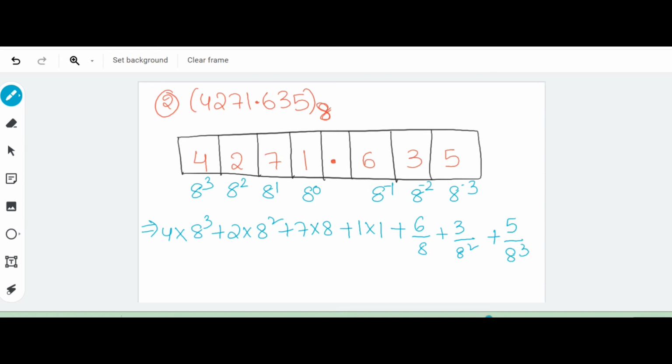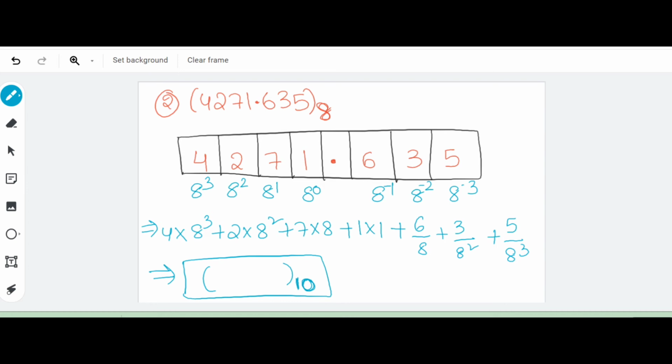So solve this; you tell me how much I will get. Let me mark this here, and you write the answer here. Don't forget to place the base 10, because we are converting from octal to decimal.